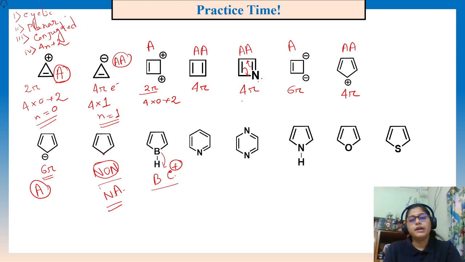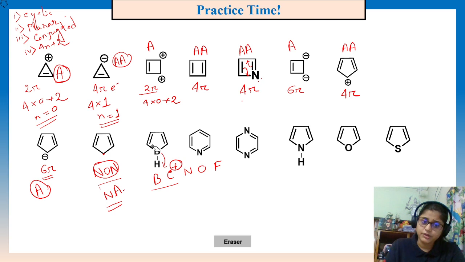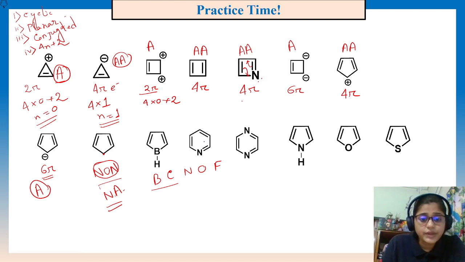So boron is one position before carbon, right? So it will behave like carbon plus, a cation.